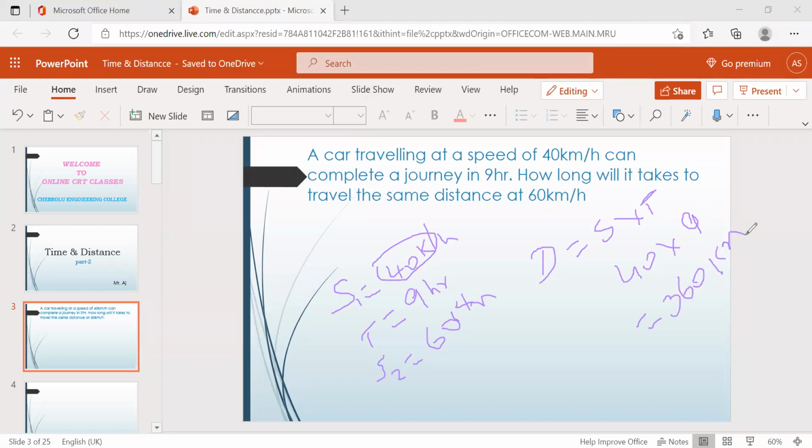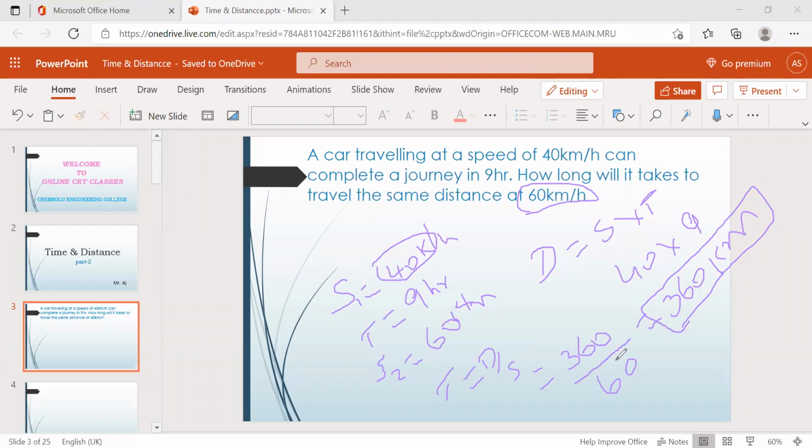Distance 360 kilometers. Now the same distance, he's traveling at 60 kilometer per hour. Now the speed 2 is 60 kilometer per hour. Then how much time will they take? So what's the time formula? T equal to distance by speed. So we know the distance 360 kilometers, same distance, and speed is 60 kilometer per hour.